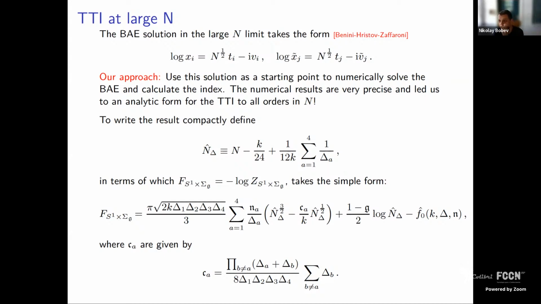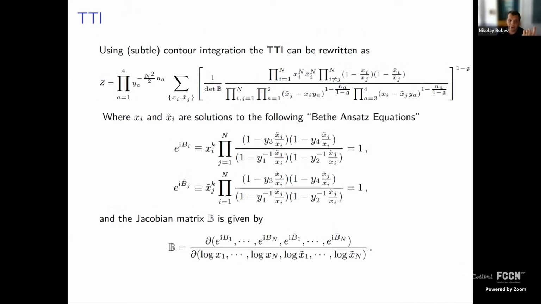So fix n, fix delta and k, and we have a code that will give you the x's. Then to compute the index, I need to solve these algebraic equations in the middle, and put the x's back in the first line. Right. And it's only when you put them back that you have this nice formula.